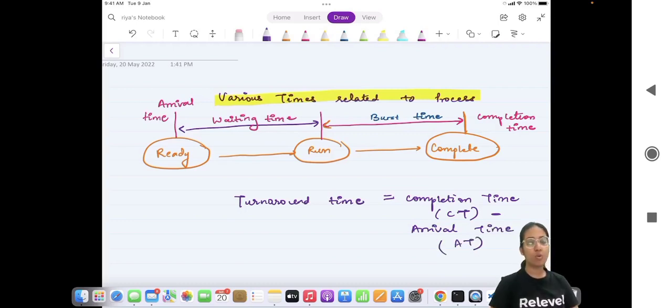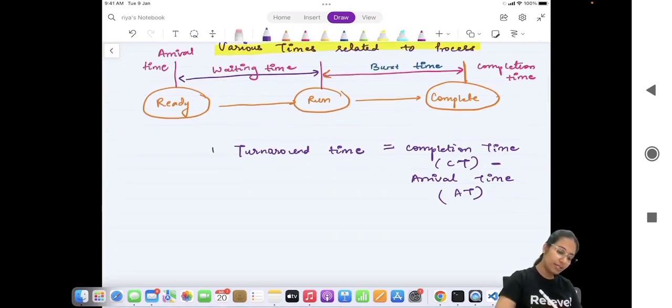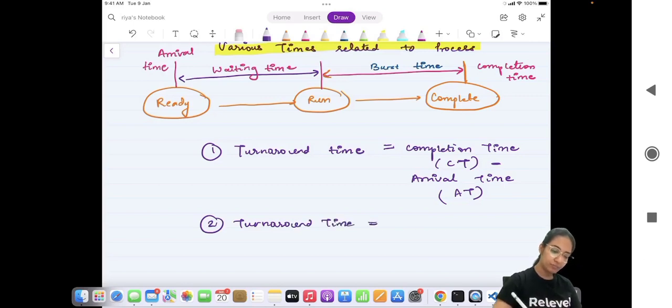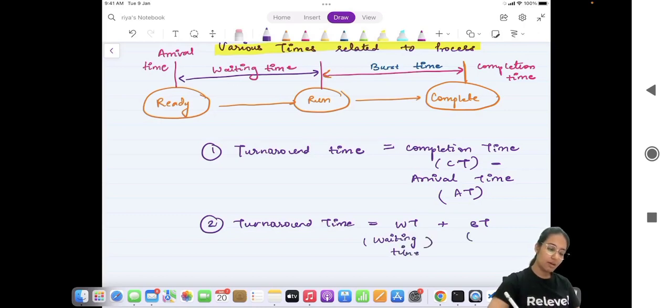Okay, that is one way to look at this definition. The other way to look at the definition of turnaround time would be waiting time plus burst time. This is waiting time and this is the burst time.